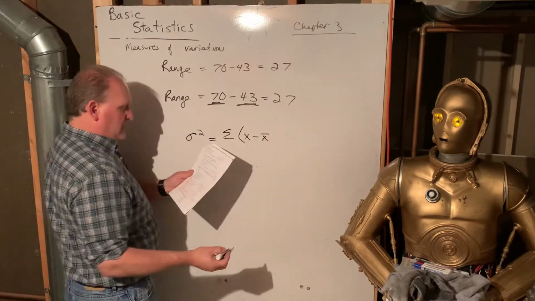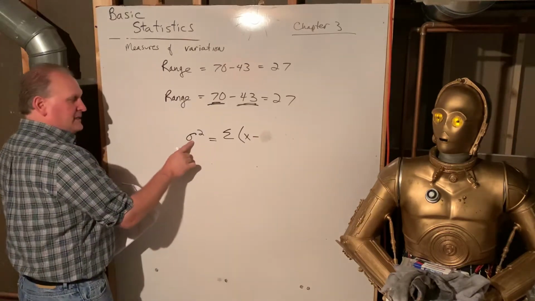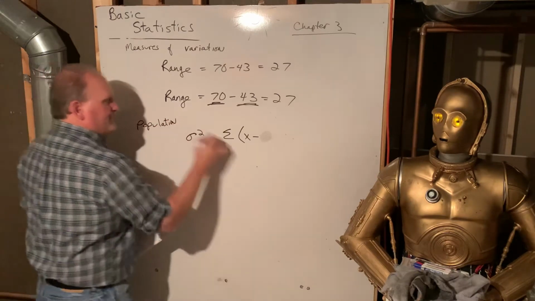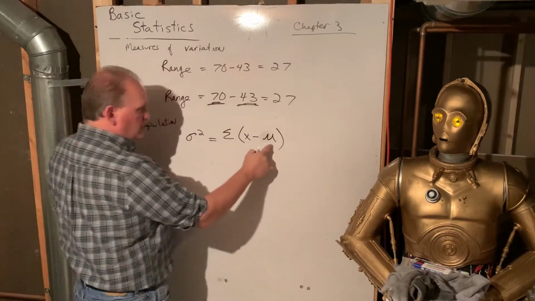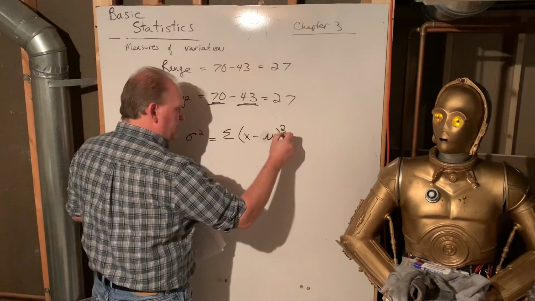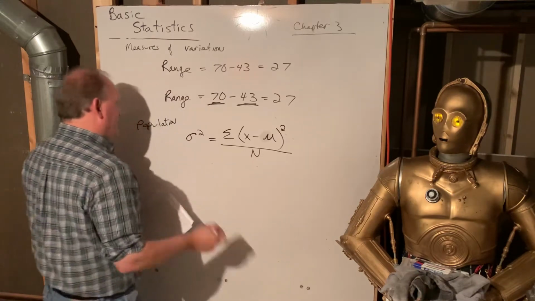That's x bar. Oh, that's going to be mu though, because this is a population. It's sigma, so that means population. So mu instead of x bar. It's still the mean, it's just the mean of the population. You square the results, and then you divide by n, how many pieces of data there are.